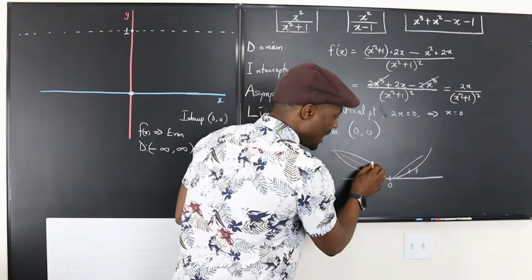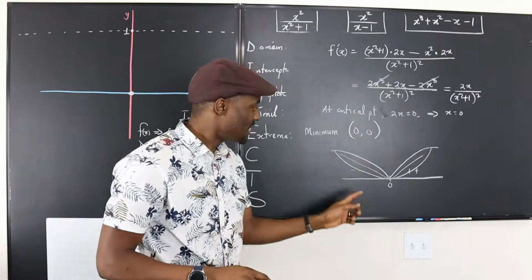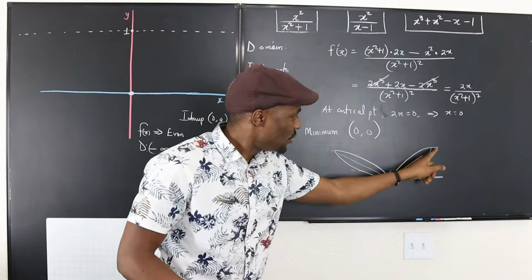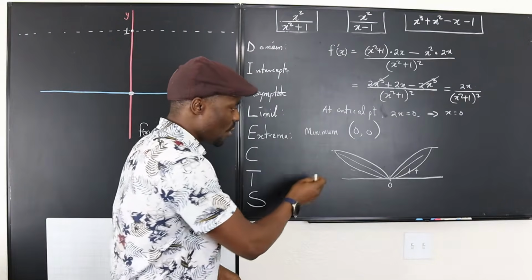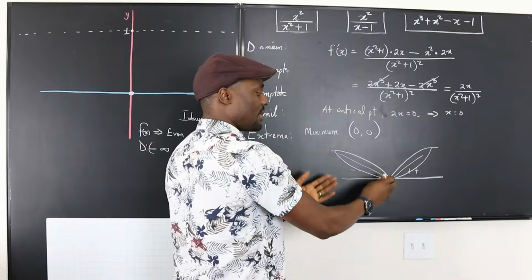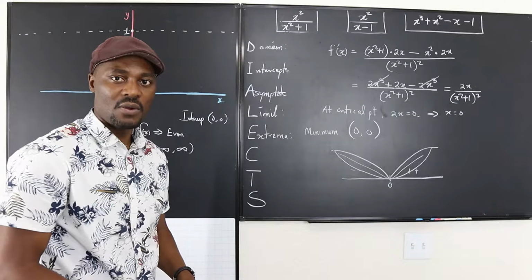Or will our curve be like this? The concavity is what tells us which one we're choosing. You don't know how the curve could be, okay? We want to know if it's going to be concave up and concave up, or concave up here and then concave down. That's the test we're about to carry out, okay?